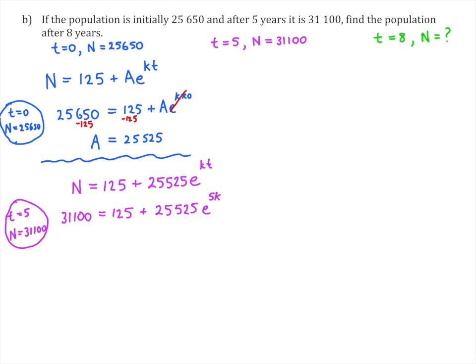I need to tidy that up a bit, so the first thing I'll do is minus 125 from both sides. If I do that, I'm going to get 30,975 equals 25,525 e to the power of 5k. Well, next, I'm going to divide both sides by 25,525.